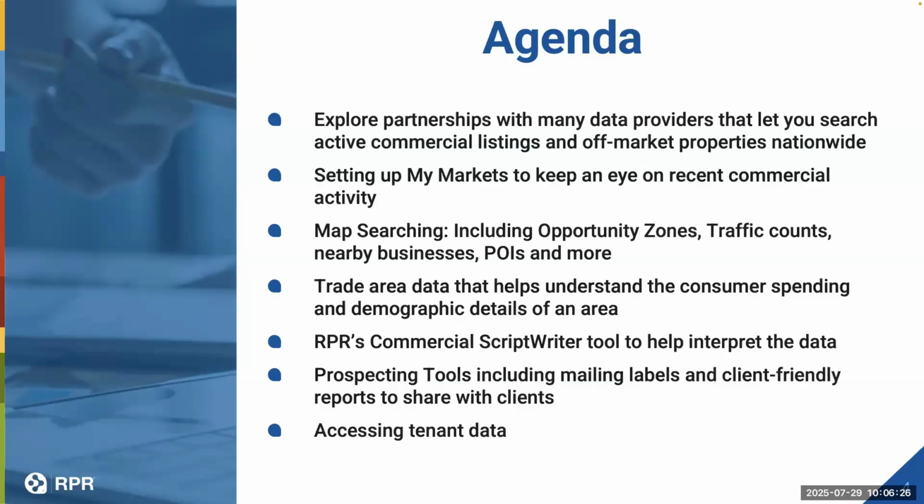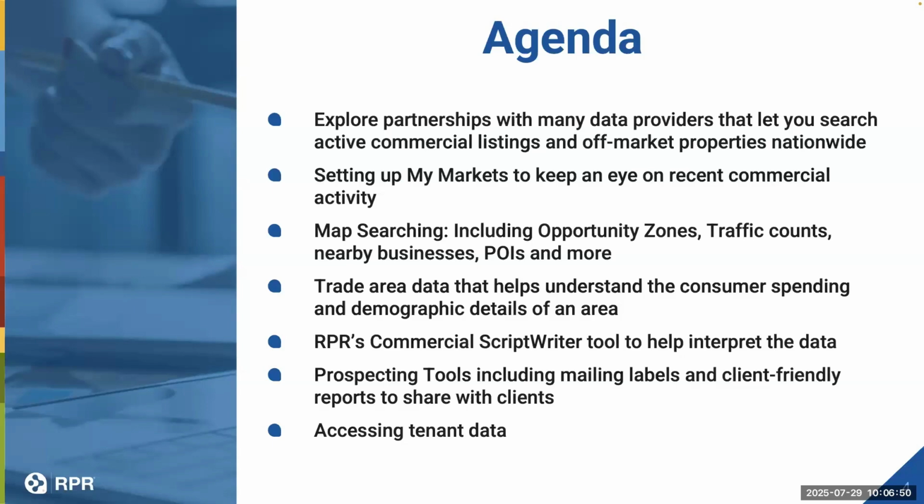We're going to take a look at some really nice mapping features to help you identify different data sets to search and look for the right business. We're going to go through trade area details, which are provided by our Esri data, so that's our Tapestry segmentation.